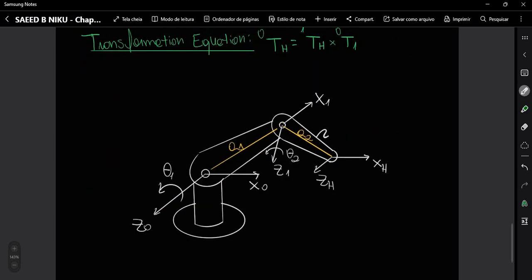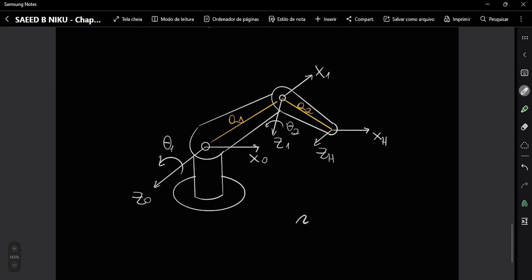Okay, so let's do this. As you can see, theta 1 is right here. And let me decouple this link.